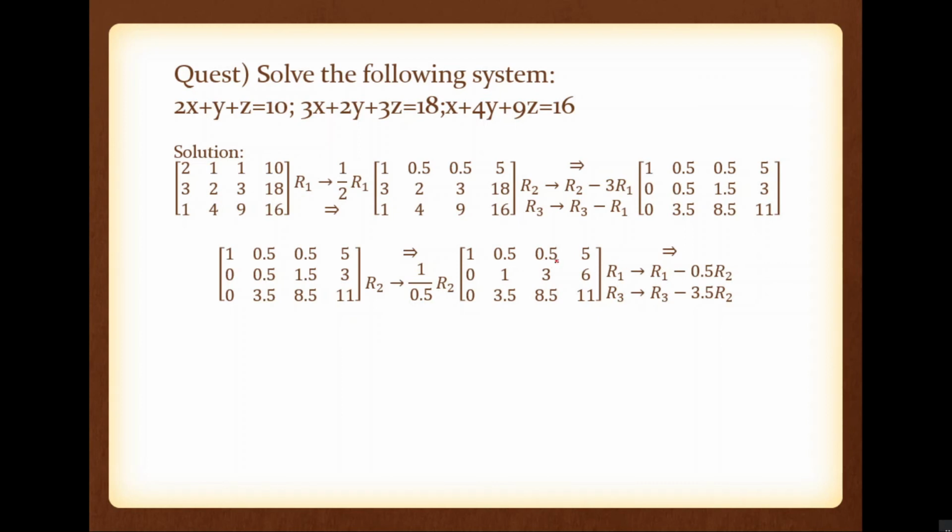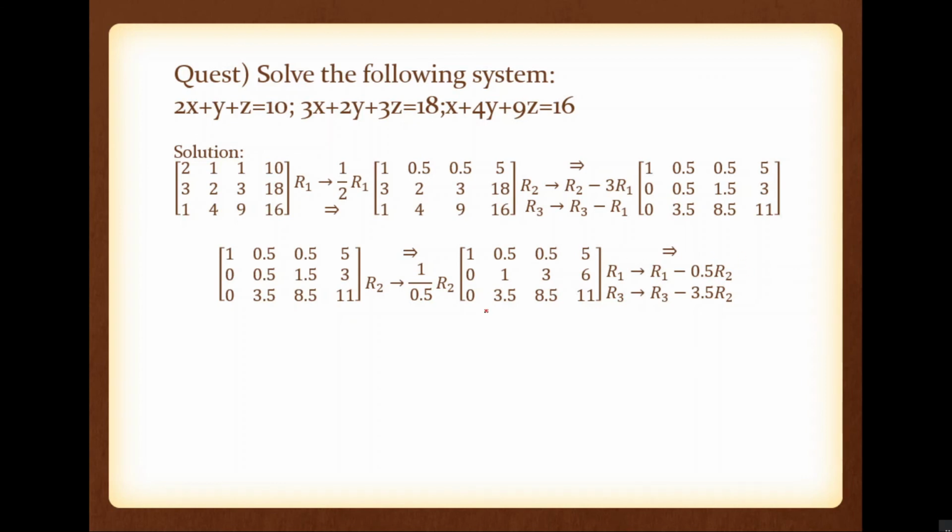Now third one is 0.5 minus 0.5 into 3, so 0.5 minus 1.5. So that is minus 1. Okay. Now this one 5 minus 0.5 into 6, so 5 minus 3. So that is 2. Okay, so that is first row.